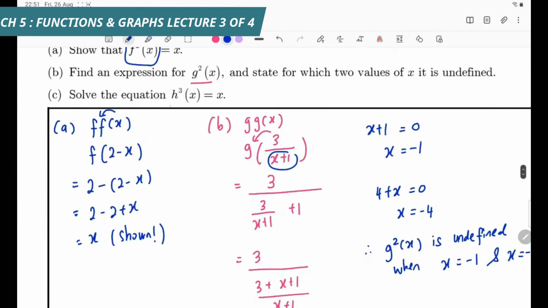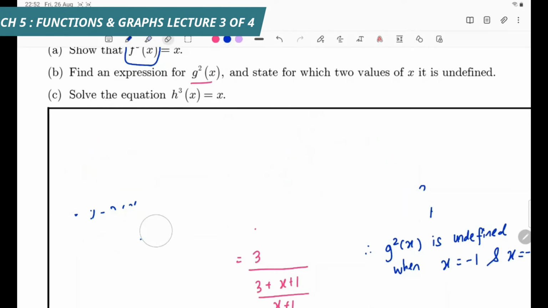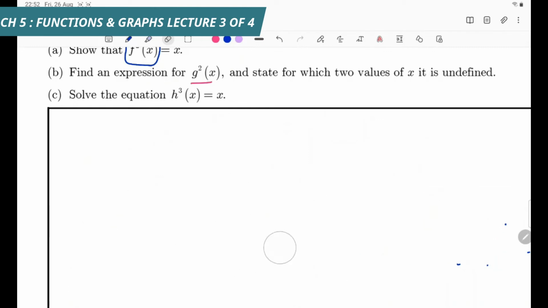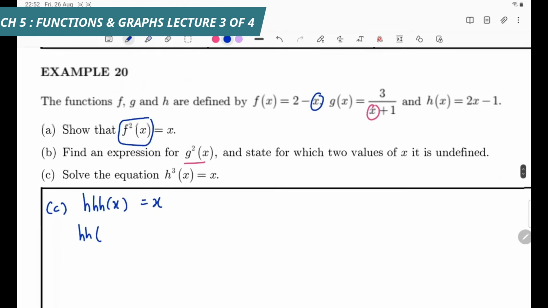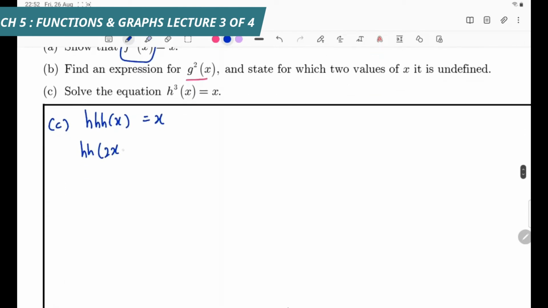Last one, solve the equation h cubed of x equal to x. See, h cubed of x means h(h(h(x))) equal to x. Substitute h into the h. So I'm going to write down h(x) first, 2x minus 1.